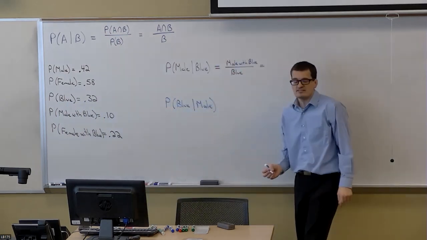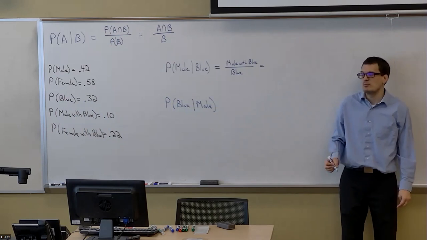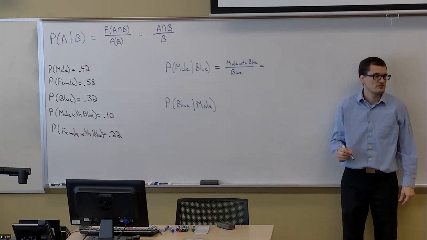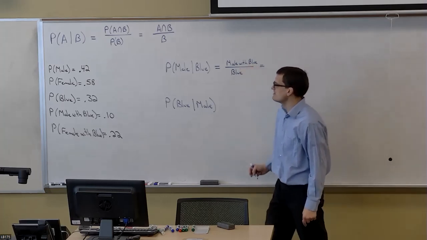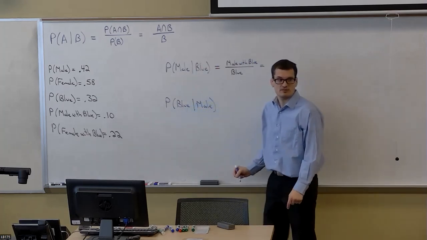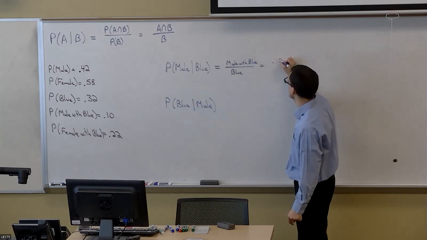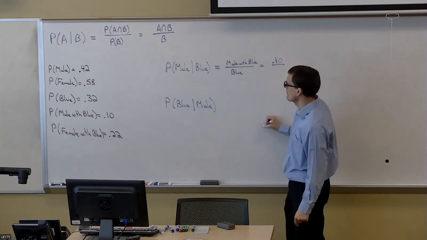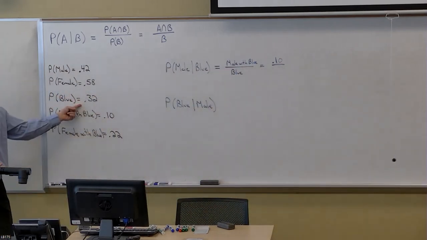And in the last example, we used raw numbers, but here we're given probabilities. So we're just going to use probabilities here. Male with blue eyes, that's the 0.10. Right, the both traits, 0.10. And blue eyes, that's the 0.32.